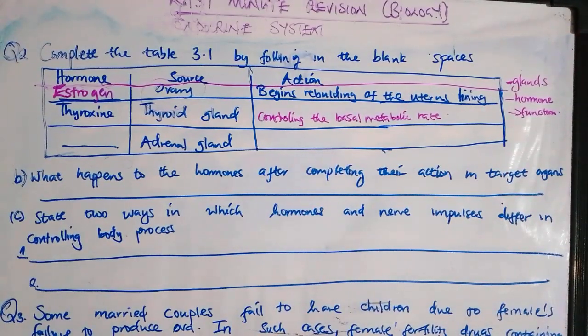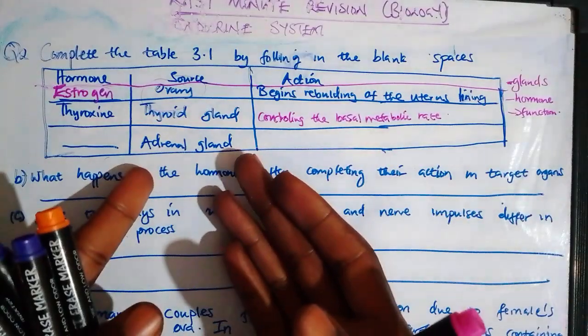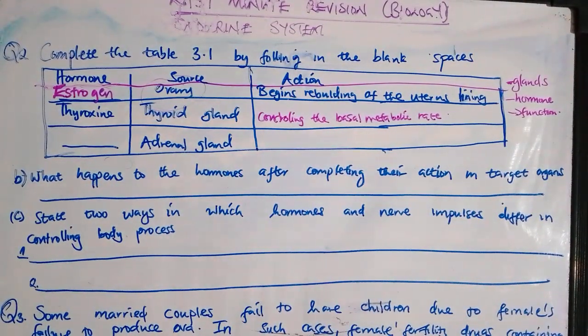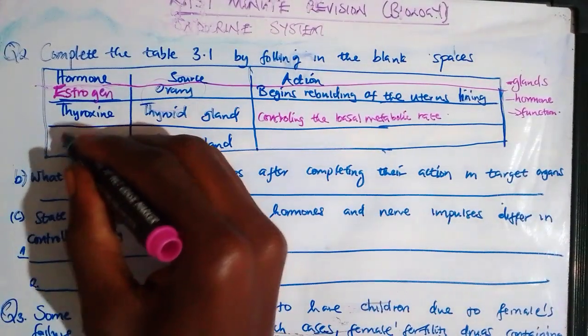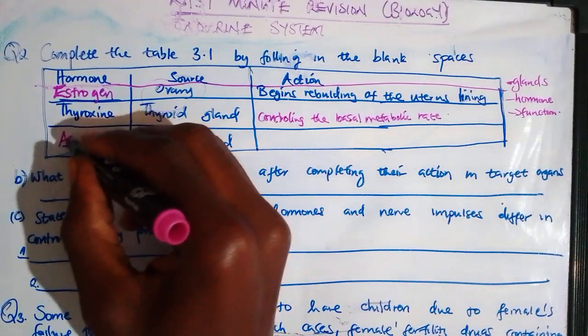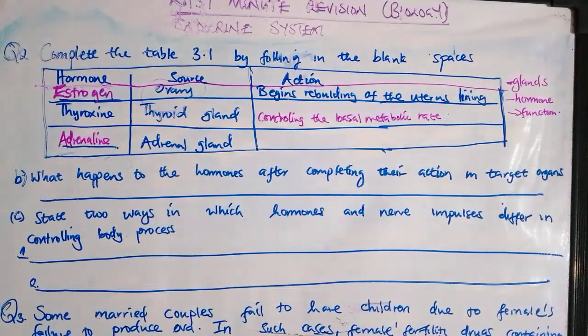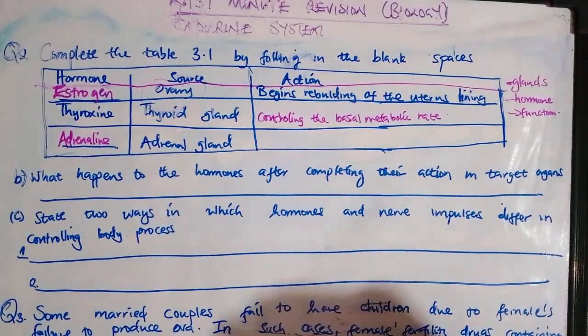Moving on, what is the hormone produced by the adrenal gland and what is its function? So remember, the adrenal gland produces an important hormone known as fight or flight hormone, or adrenaline. Yeah. Then what is the function of adrenaline? So the function of adrenaline is to do what?